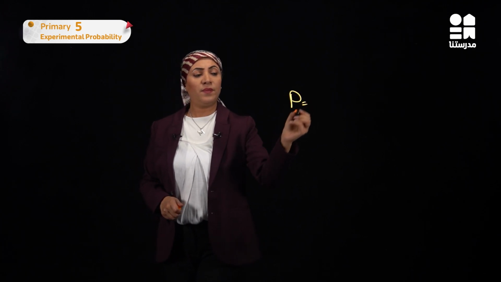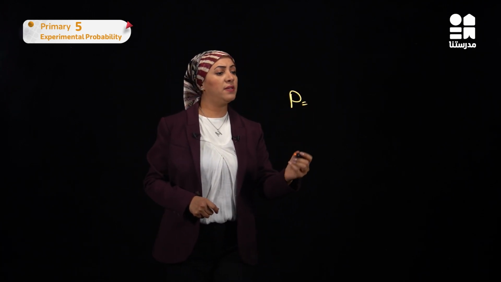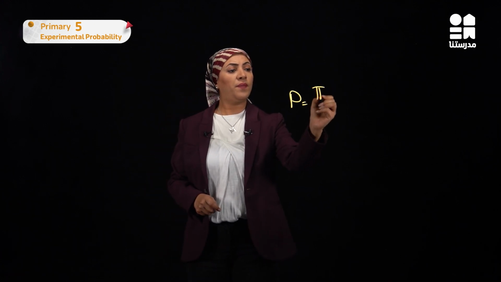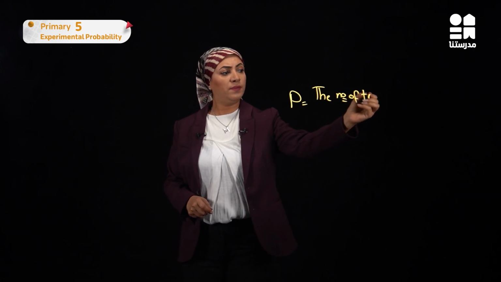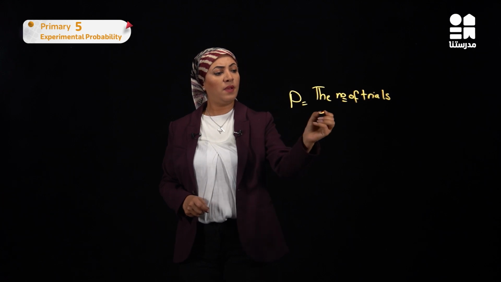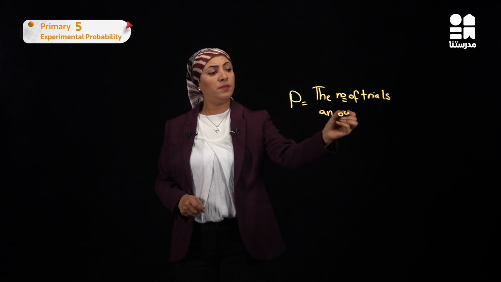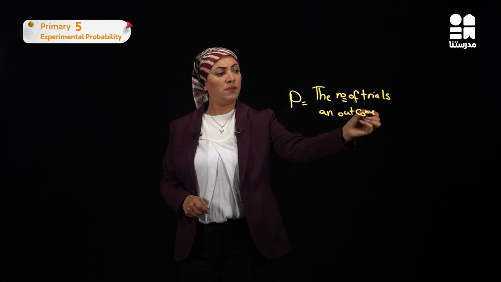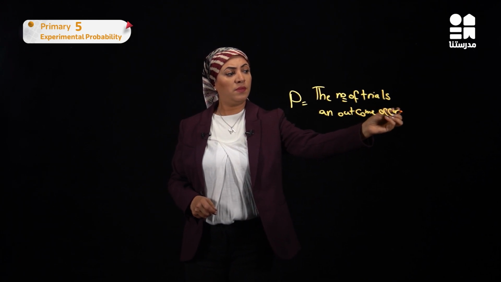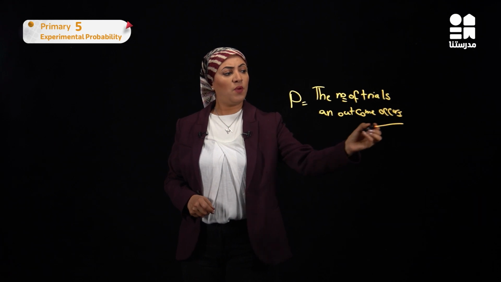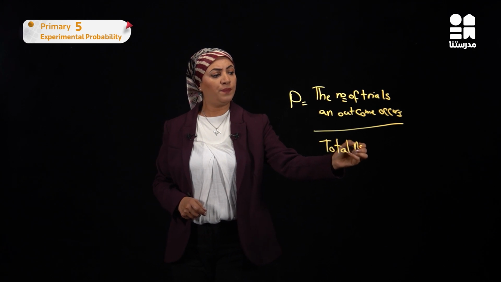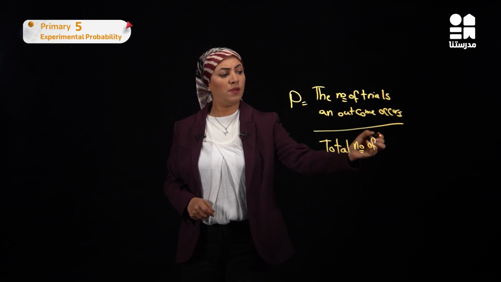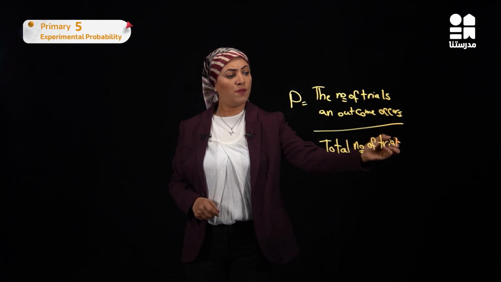So, a probability of having an outcome is the number of trials an outcome occurs over the total number of trials.